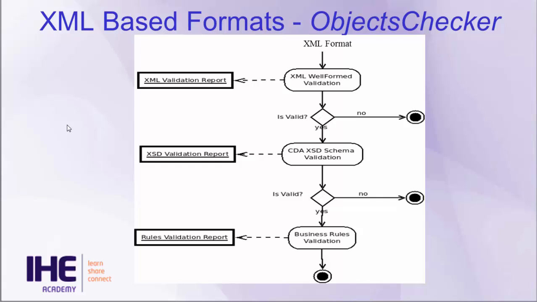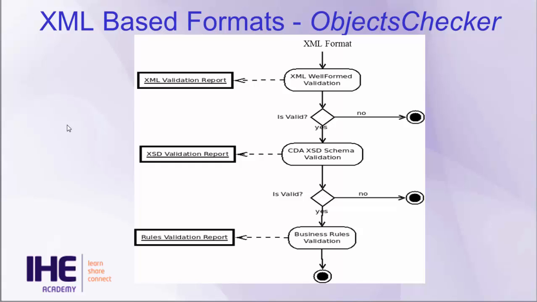So we need a third step, which is a model-based, rule-based validation service. This is done using UML modeling and OCL expressions of the various requirements. By having this three-stage process, you can do pretty strong validation on XML formats.